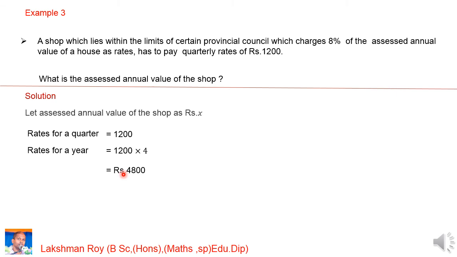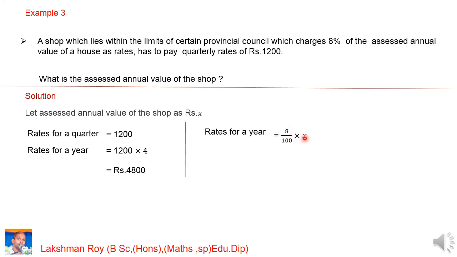Now using this assessed value x and this percentage 8, I'll write the rate for a year. Let's see how to write it. My percentage is 8%. That means if the assessed value is 100 rupees, you have to pay 8 rupees. Now I do the reciprocal, that means for 100 rupees you should pay 8 rupees straight.